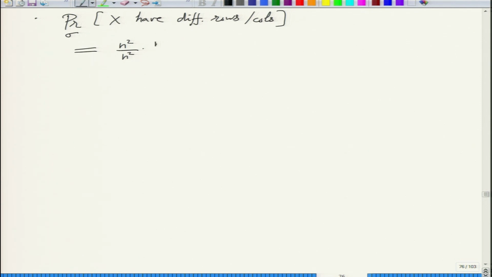Now you are left with n minus 1 square possibilities, then n minus 2 square and so on. In terms of m, n minus 2m plus 1 square will give you the 2mth variable. All possibilities are n square.